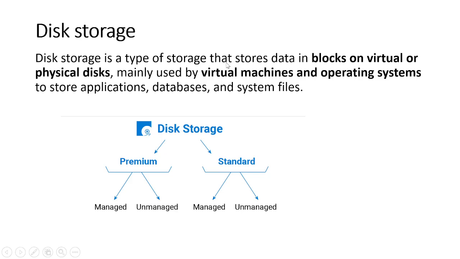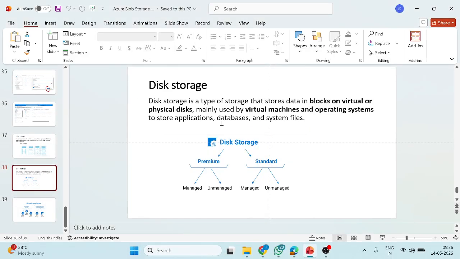So we have the OS disk and data disk. OS disk means it stores operating system files, and data disk means it stores applications and users' data. So temporary disk also we have here, temporary storage for short-term data. So this is the way we need to control these 5 storages.